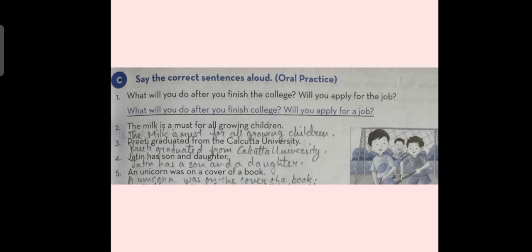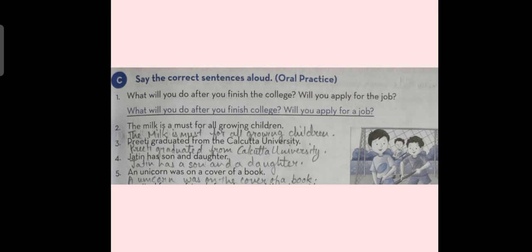An unicorn was on a cover of a book. Dear students, as I have told you in my video about articles, whenever we talk about a word which begins with U, the sound of it makes it sound as if it is starting with a consonant, and according to that pronunciation of that word, we use the articles a or an.